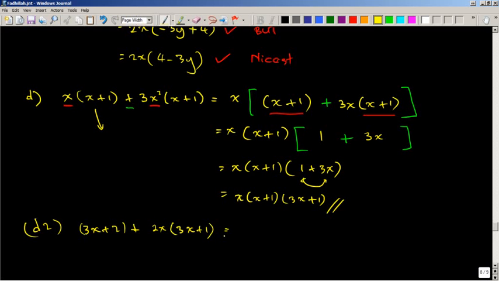By the way, this is a little simpler than the previous question. A little simpler. Okay. Try to factor. Sorry. Selalu buat silap lah. This is not 1, but this is 2. Try to factorize that.